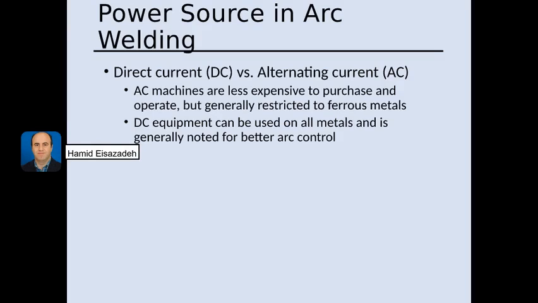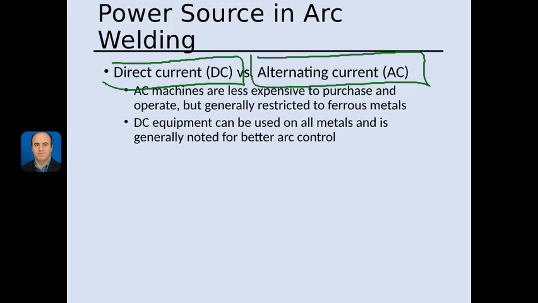In the welding process, we use direct current or DC, as well as alternating current. In direct current, the electric current is not going to change.